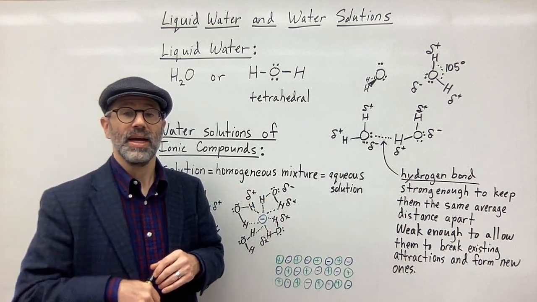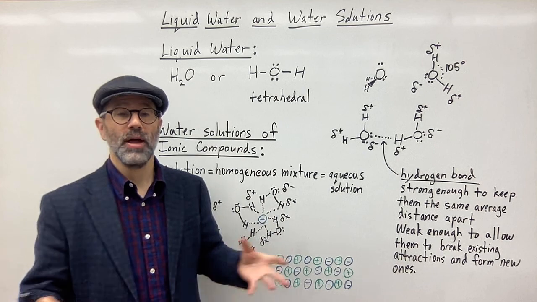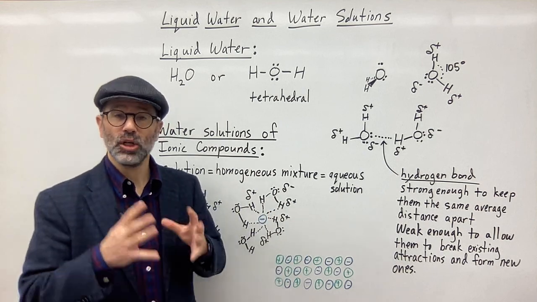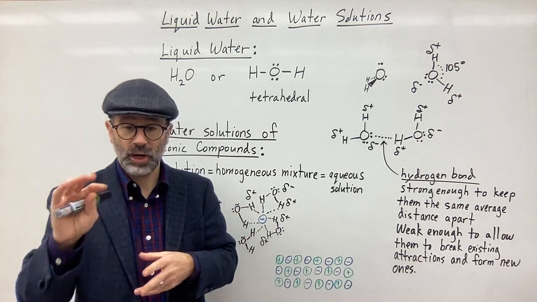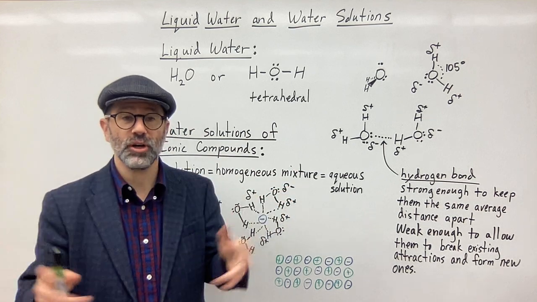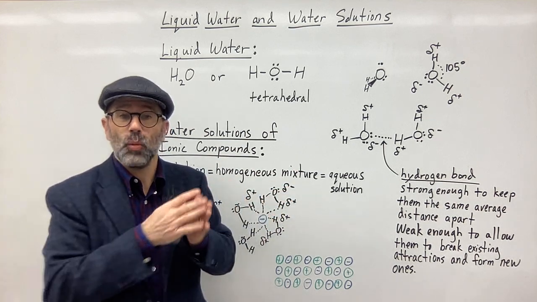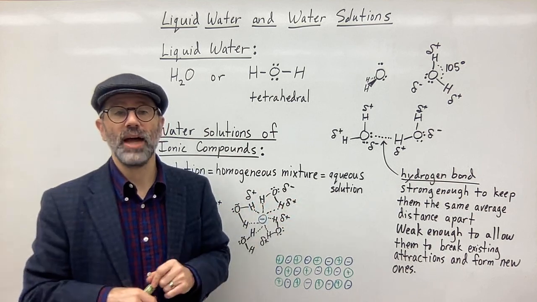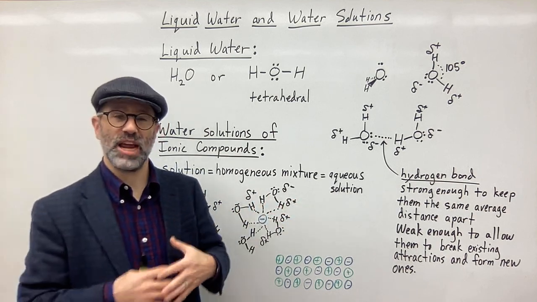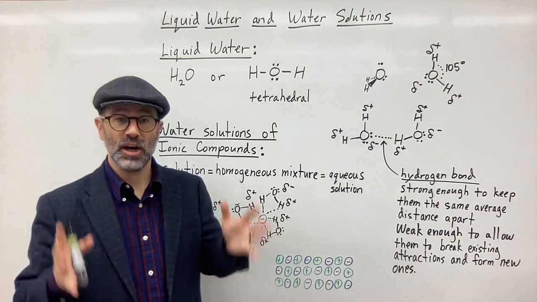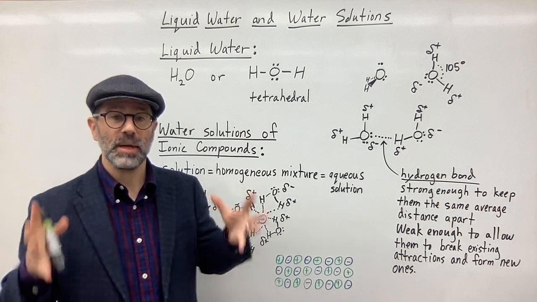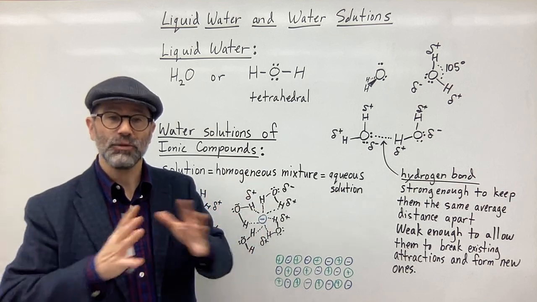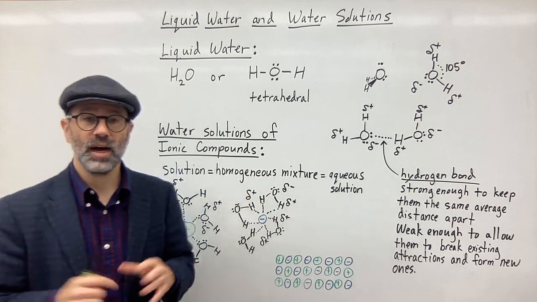It could be copper and zinc, for example, and you wouldn't be any the wiser, because when you look at it, it doesn't look like, oh, here's copper, here's zinc, oh, it's a mixture. No, it looks like it's one thing, right? So that's what we mean by a homogeneous mixture, a uniform mixture, where the substances are mixed thoroughly and evenly throughout the mixture.